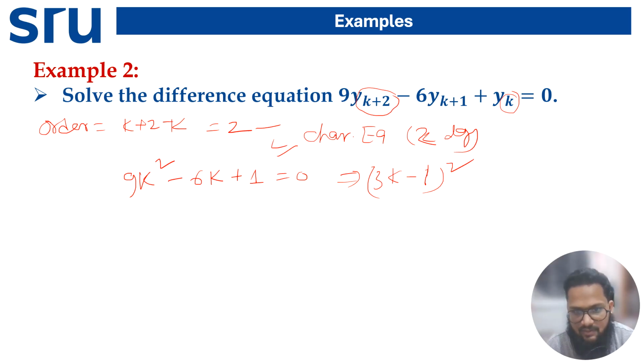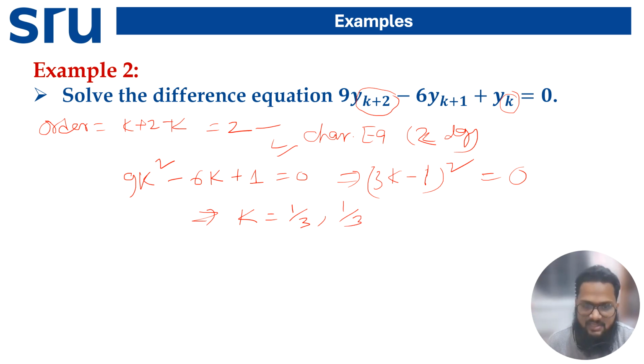So this is a specific form, equal to 0. Definitely it has two terms, one is 3k minus 1, again the repeating term. So you can easily see that the value of k you are getting, one is 1 by 3, another also 1 by 3, because you are getting exactly the same factors twice. So the k value also gets repeated, and you can see this 1 by 3 is a real number, so real and repeated.